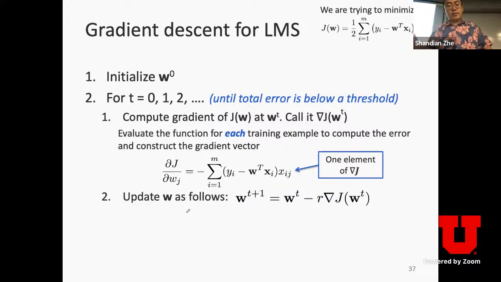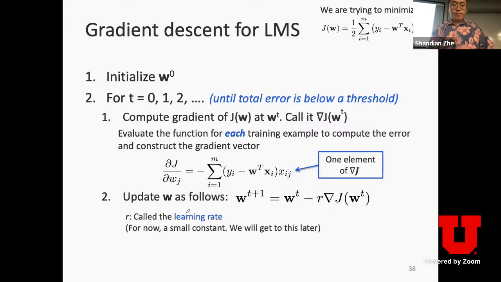We keep doing this until it converges or the total error falls below some threshold. This is a typical gradient descent learning framework, not only applied to least mean square error. We can apply it to whatever objective function. For example, you can replace this with a loss function for neural networks, and you are doing this. This is actually pretty standard in deep learning training nowadays.